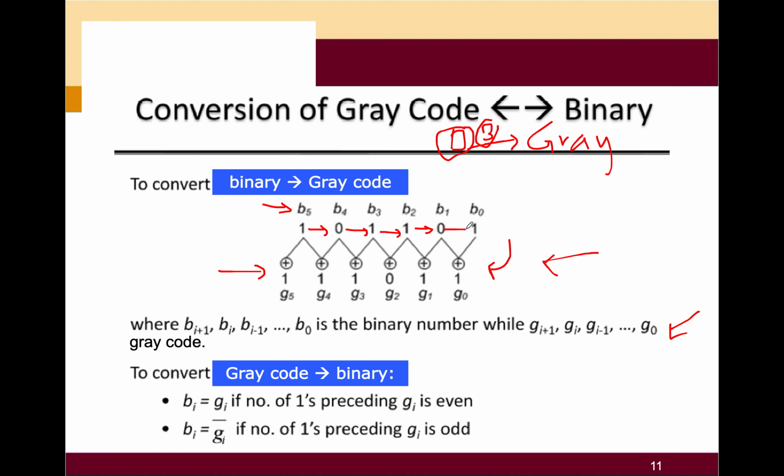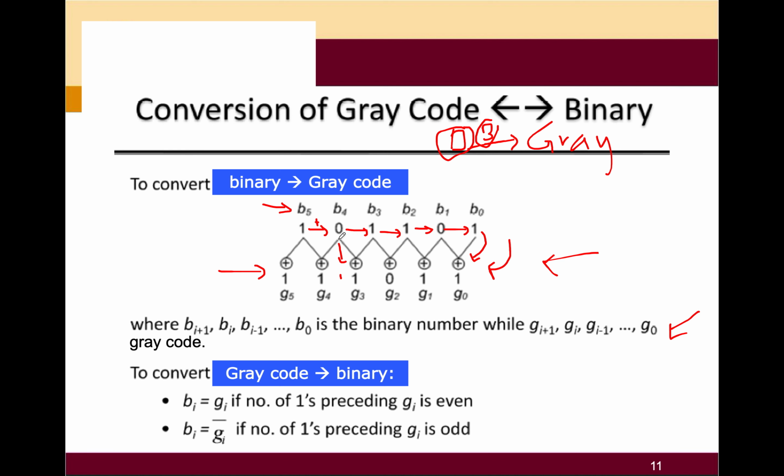First, you will get 1 plus 0, which is 1, and then 0 plus 1, 0 plus 1, you will get 1, 1 plus 1, you get 0, and 1 plus 0, you get 1, and 0 plus 1, you get 1.